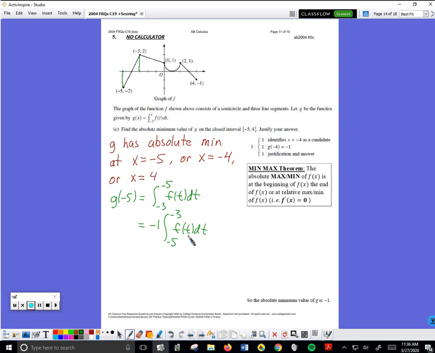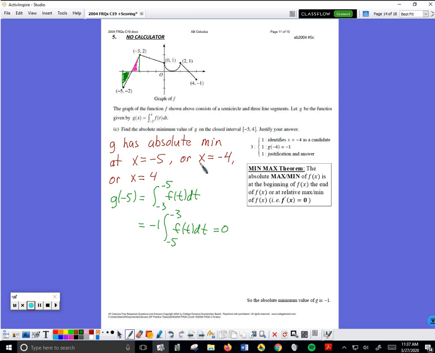Here the values of f are all negative, so whatever the area is here, that gets counted negatively. Here the values of f are positive, so that area gets counted positively, but those two areas are the same. So this integral's value is going to be 0. So G of negative 5 is 0.